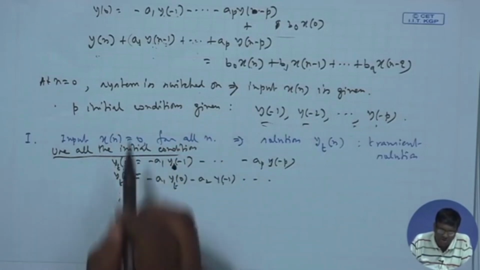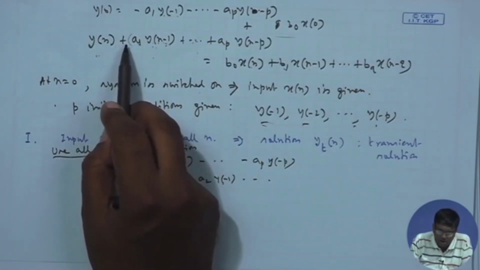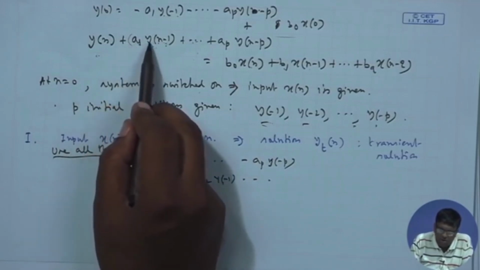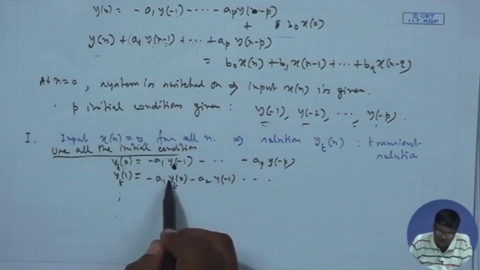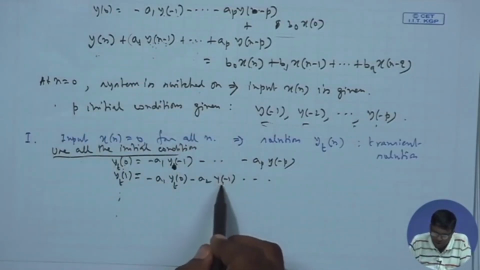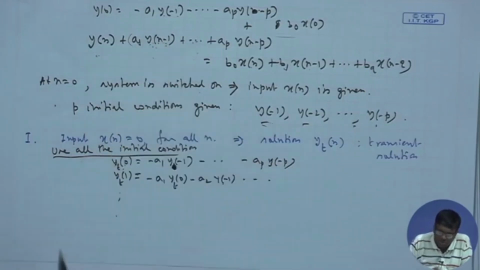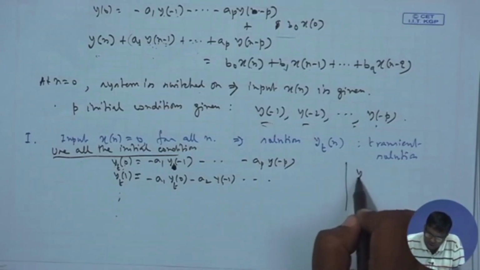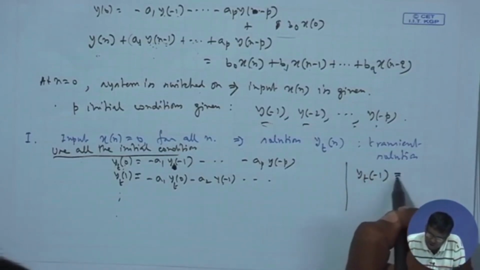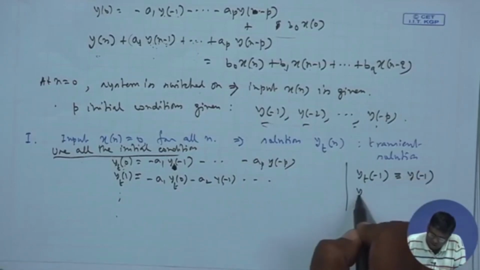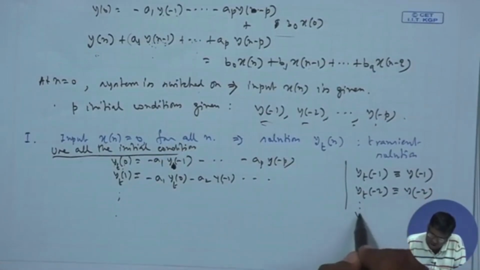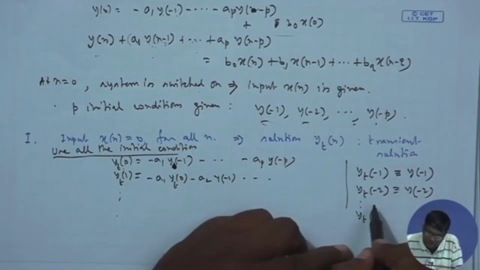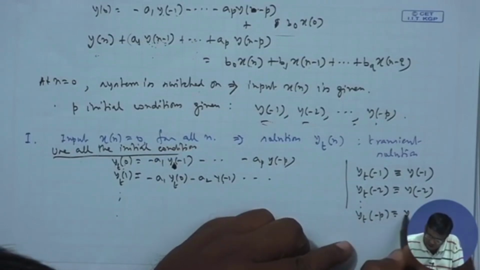Then for y t 1, I have to find minus a 1 y t 0, because n is 1, y t 0 already obtained, then minus a 2 y minus 1, putting in the initial condition. That is, I am equating y t minus 1 with the given y minus 1, y t minus 2 with the given y minus 2, dot dot dot, y t minus p with the given ones.